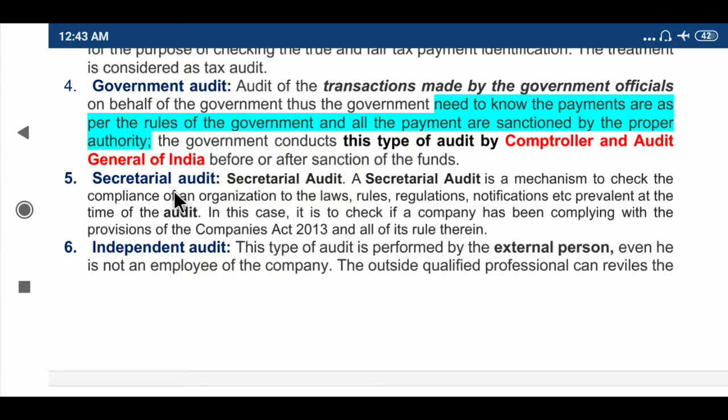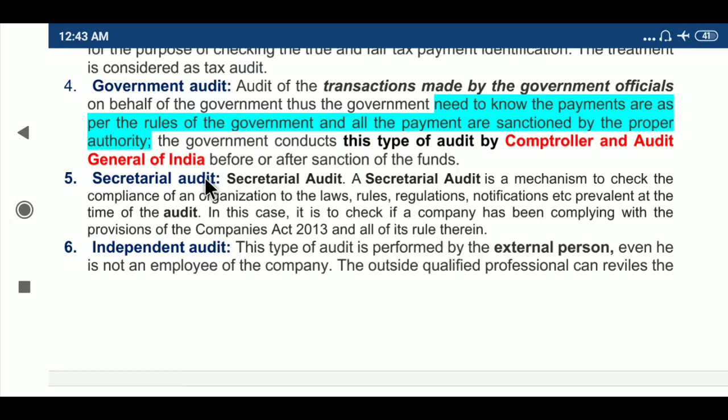Next, fifth one, secretarial audit. Secretarial audit is a mechanism to check the compliance of an organization to the laws, rules, regulations, notifications, etc. prevalent at the time of the audit. In this case, it is to check if the company has been complying with the provisions of the Companies Act 2013 and all of its rules therein.